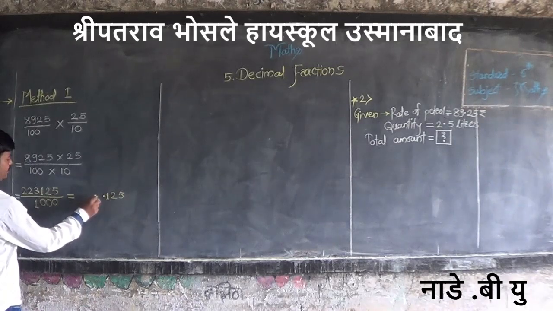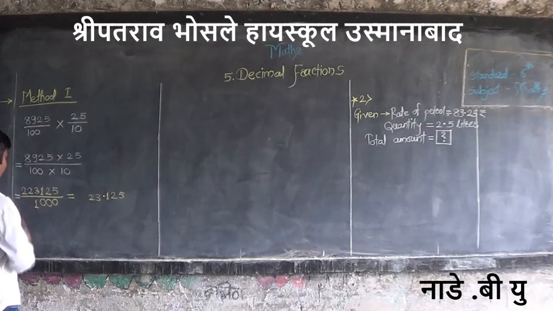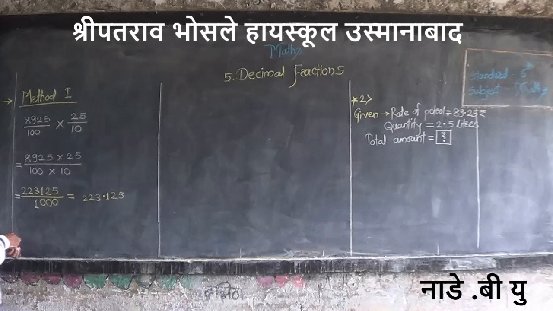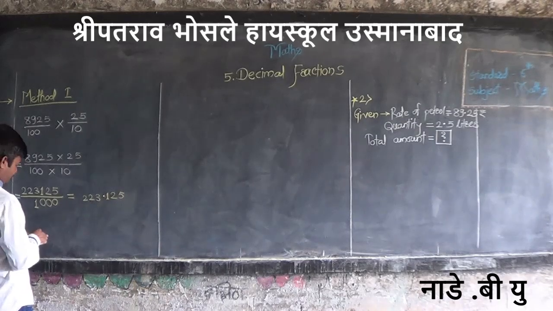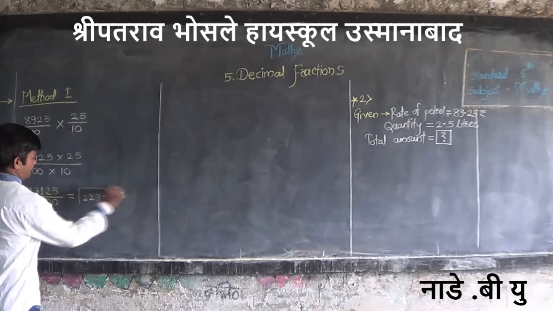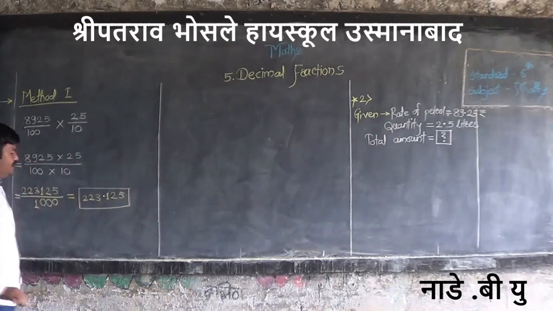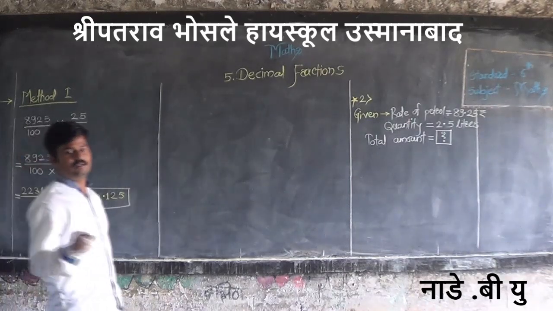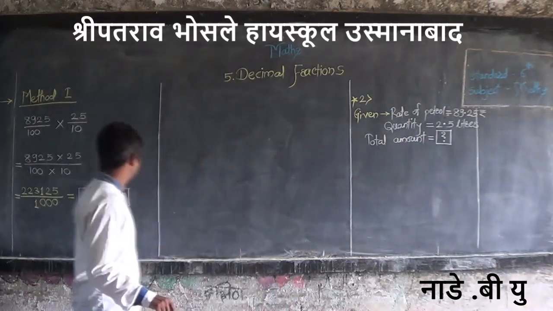Then 3 is the units, 2 is the tens, and the next is the hundreds. Here our answer is 223.125 rupees. Here the number is written as a two places fraction.